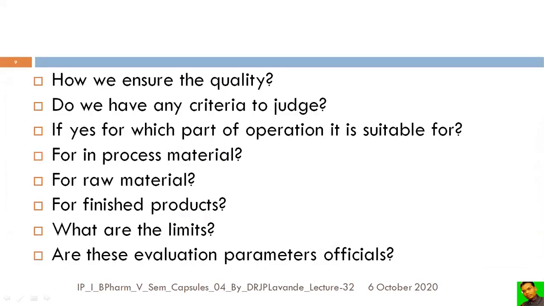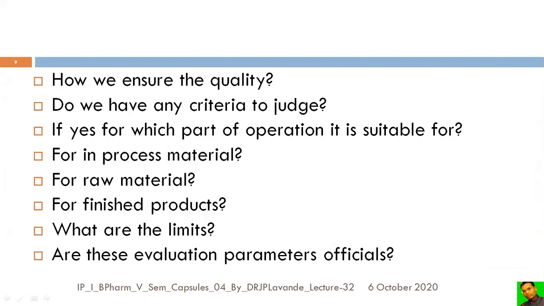Now, how do we ensure the quality of the product? Do we have any criteria to judge it? If yes, for which part of the operation is it suitable: in-process material, raw material, or finished products? What will be the limits for these? And are these evaluation parameters official?